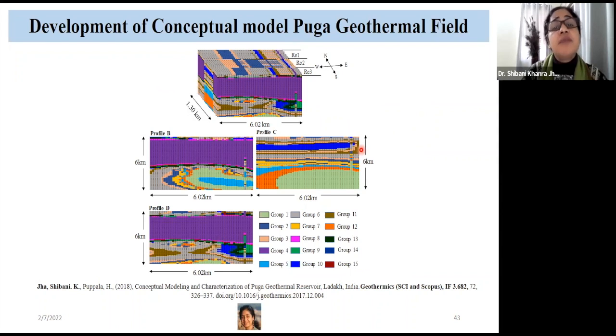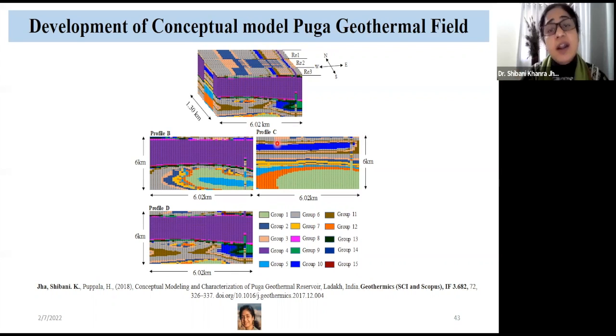What we mean by characterizing the field is the hydrogeothermal characteristics of that field, which will be taken further for assessing the geothermal potential, in terms of how much power can be extracted. There are a lot of parameters associated with this aspect, and those were assessed from this.